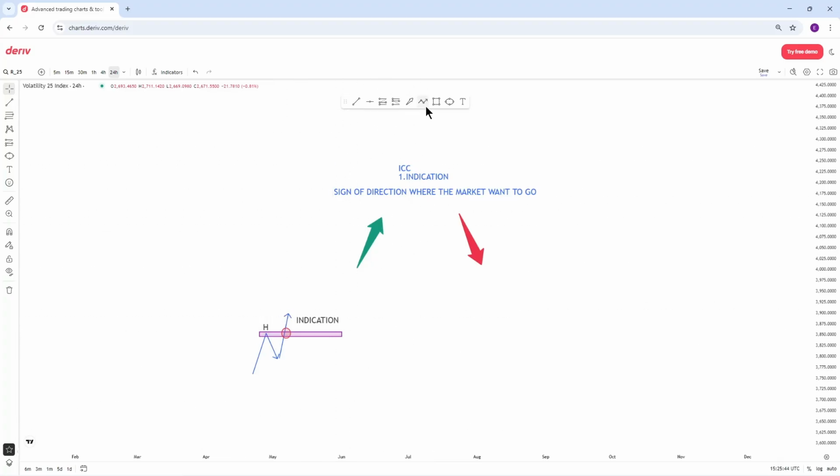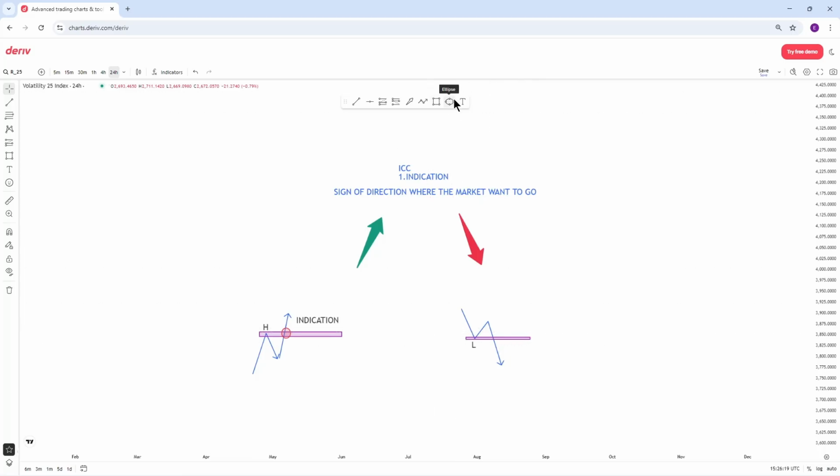The same applies to the downside. If the market creates a low and breaks this low, here we have a low. Let me mark it up. Can you read it? Here is the low the market just created.